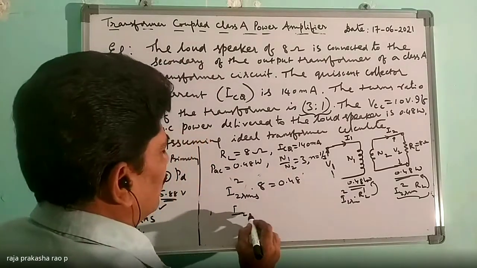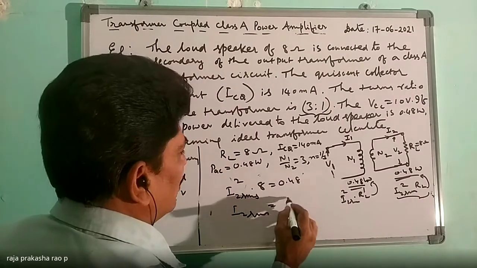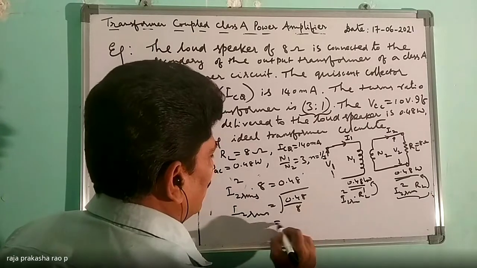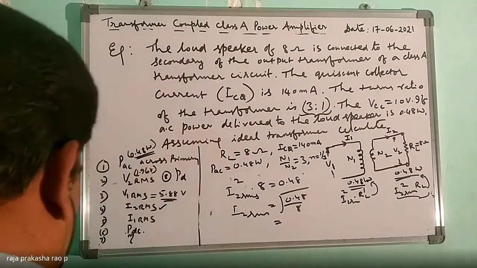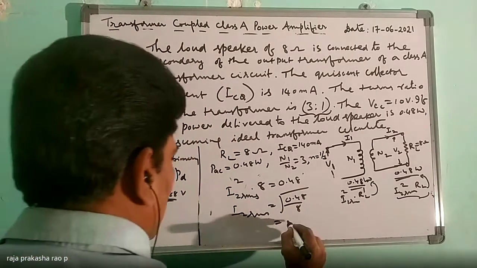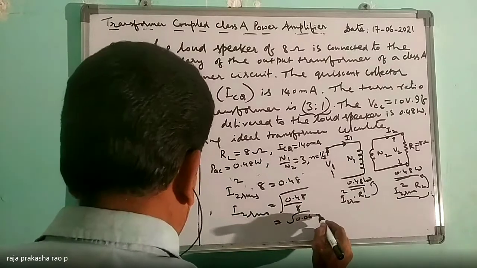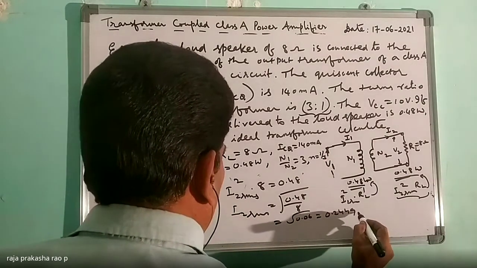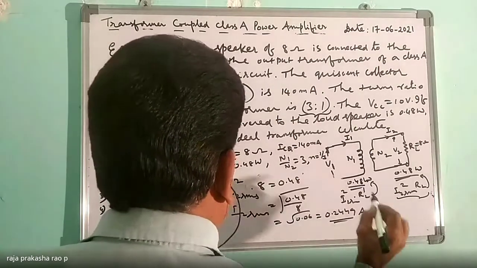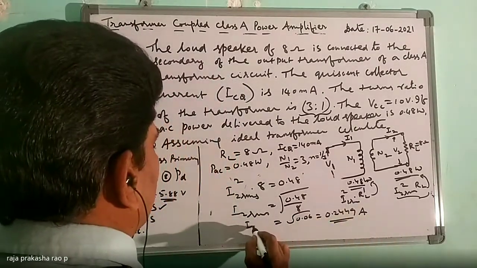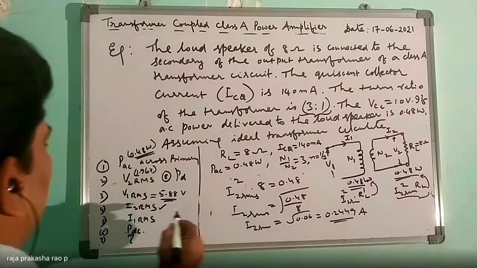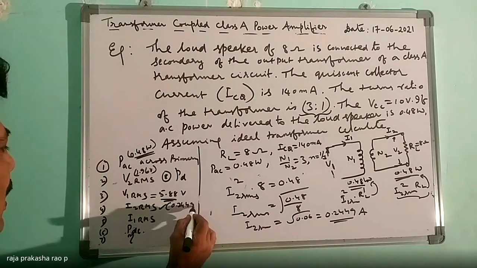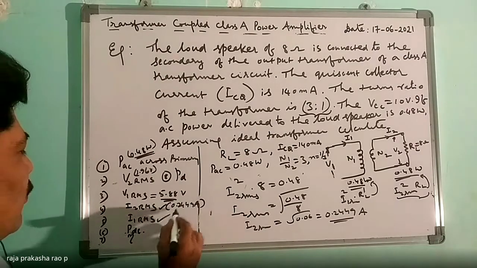So I2 RMS is equal to the square root of 0.48 by 8, root of 0.06, which is equal to 0.2449 amperes. Units compulsory, write them. So I2 RMS is 0.2449 amps.